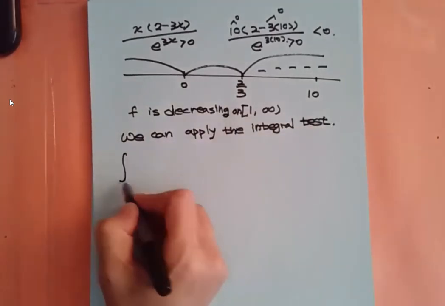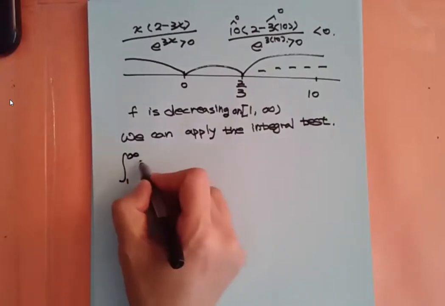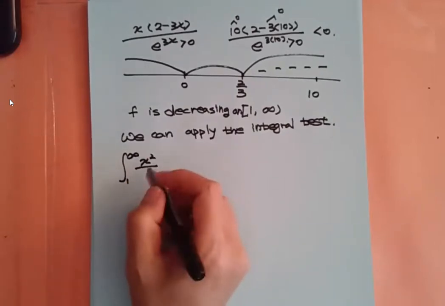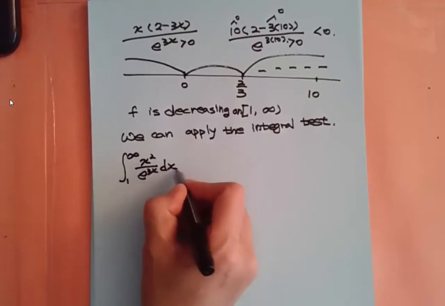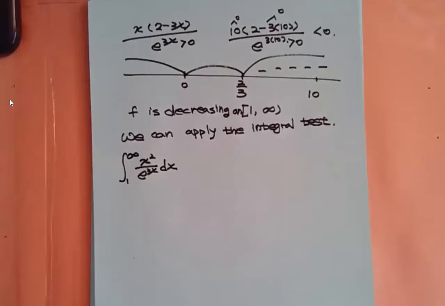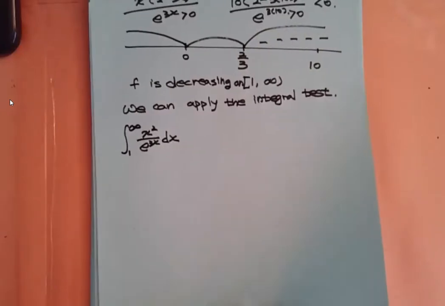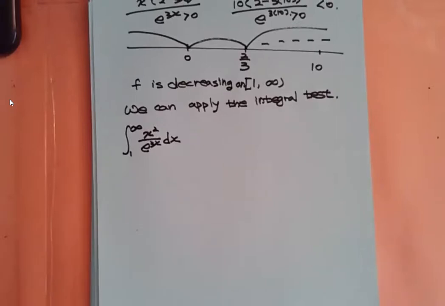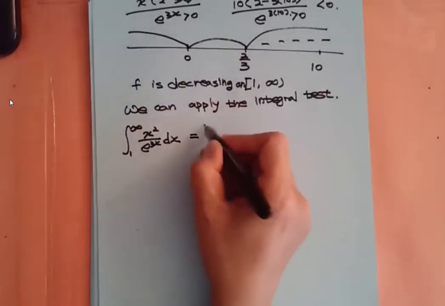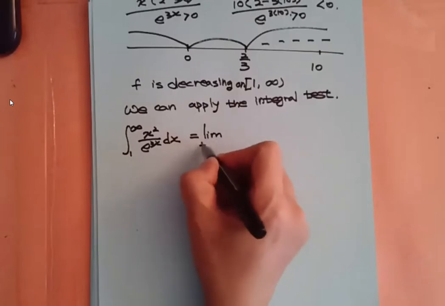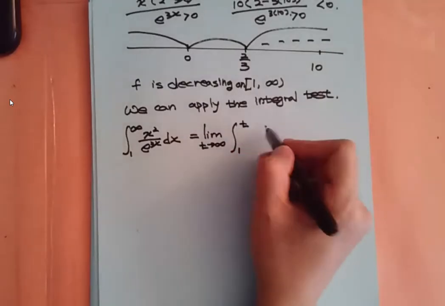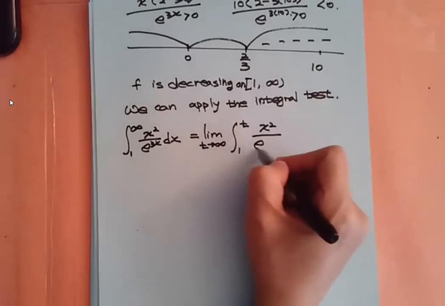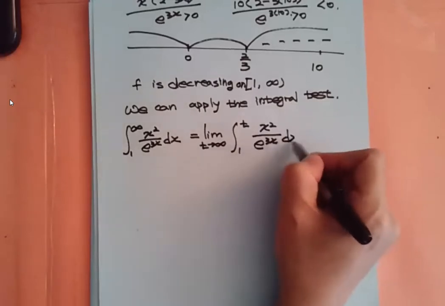So we think about 1 to infinity, we go back to the original problem, which is x squared over e to the 3x dx. So then that is the limit as t goes to infinity of the integral from 1 to t of x squared over e to the 3x dx.